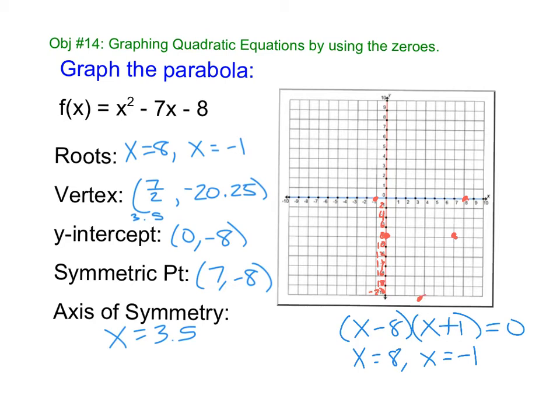So this graph looks a little weird too because note the scaling is different, right? I scaled my y value only. Sometimes it's hard to really judge the graph well because the scale on the x-axis is different than the scale on the y-axis.